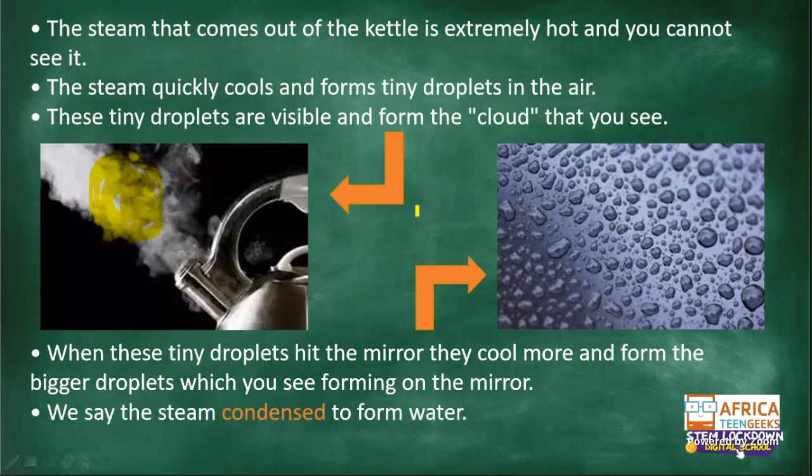Okay, now that is condensation. We say that steam condensed to form water. Do you see the difference there between the evaporation and the condensation? Evaporation, when heat is added and the liquid turns into a gas. Condensation is when heat is taken away and the gas turns back into a liquid.